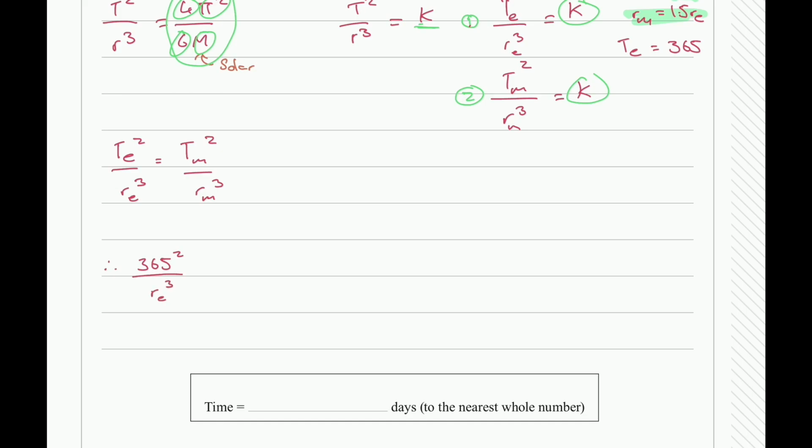Still, we don't have a value for it, and you're going to see why I'm not going to put a value for it. Then we have our TM squared, which is an unknown, what we're trying to calculate. And we said RM is all the way over here equal to 1.5 RE. So I need to think, okay, what's 1.5 RE cubed? I'm just going to simplify it in this step.